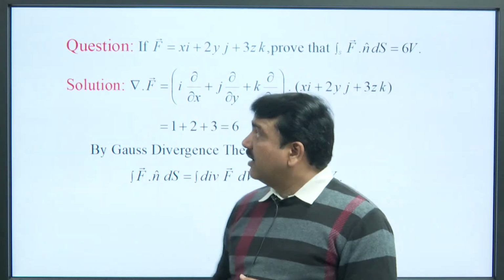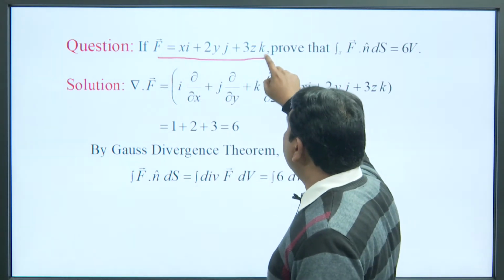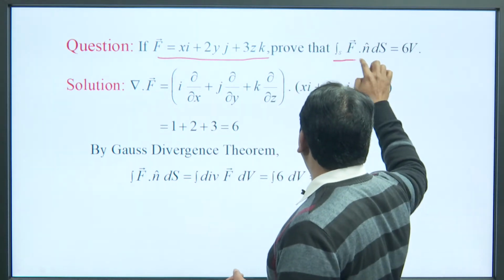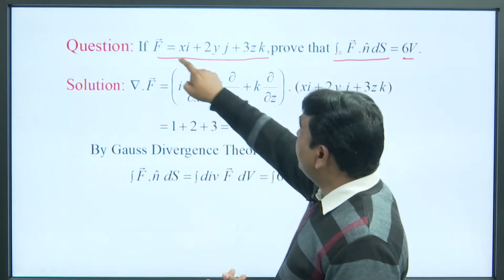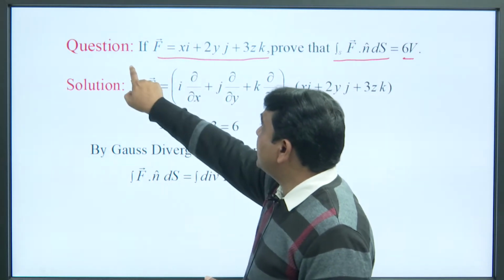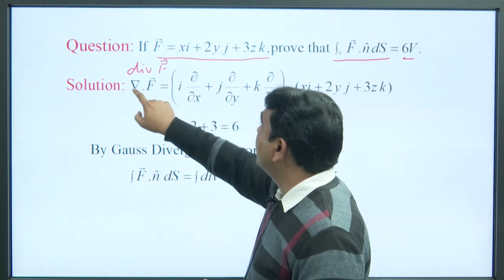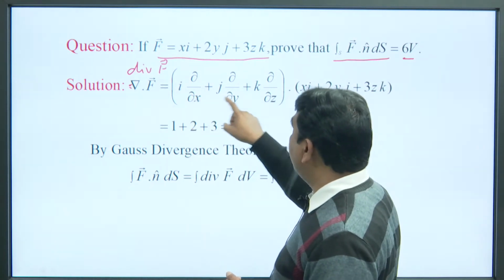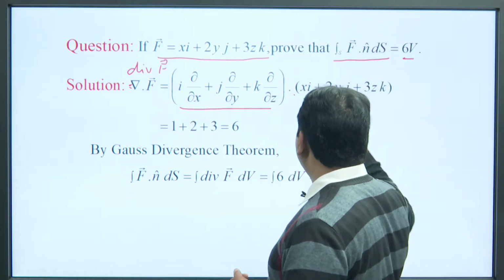Now, if f is equal to x i plus 2 y j plus 3 z k, then let us prove that the integral of f dot n dS is equal to 6 V. So, here this is the vector f, so divergence of f is equal to del dot f, which is equal to summation i del by del x. This is the definition of del dot vector f.